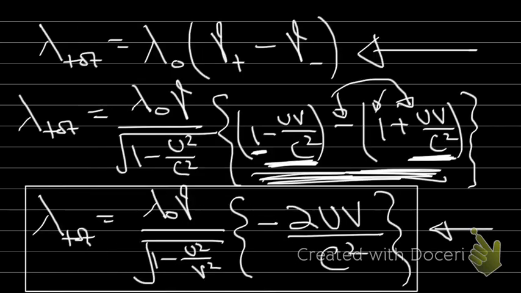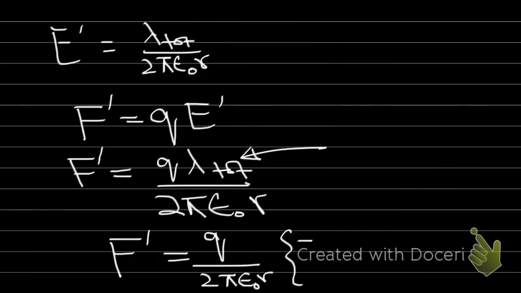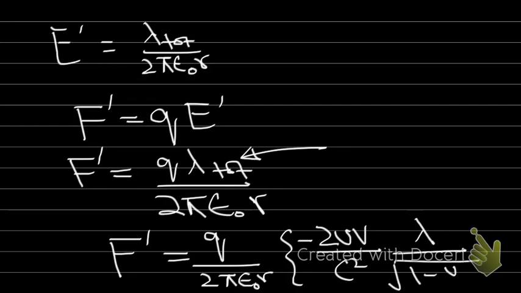This was this thing over here, right? So let's do that. Negative 2 times uv over c squared times lambda over under the root 1 minus u squared over c squared, right? Okay, so then this is the force that is experienced by the charge Q.